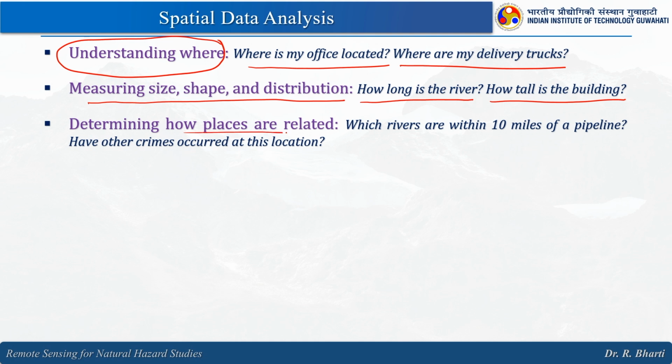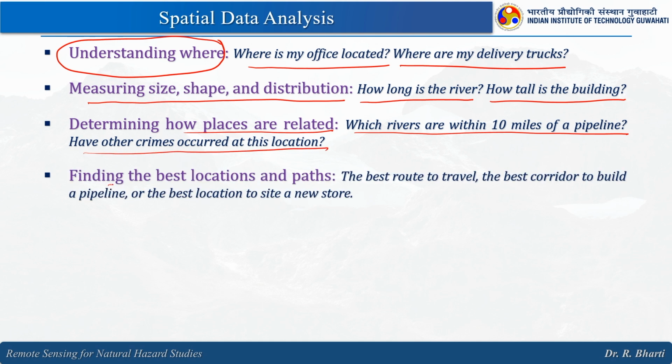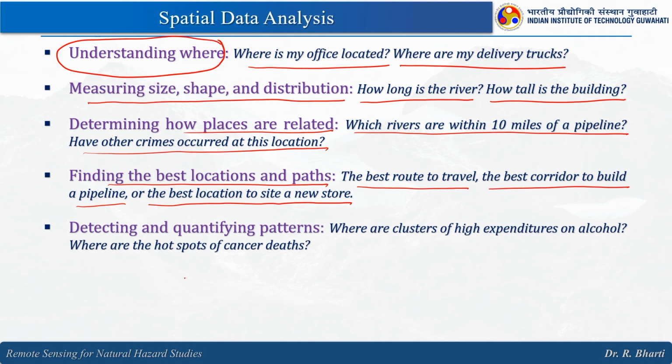Determining how places are related: which rivers are within 10 miles of a pipeline, have other crimes occurred at this particular location. Finding the best location and path: the best route to travel, the best corridor to build a pipeline or the best location to site a new store.